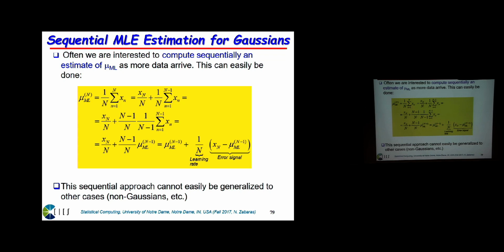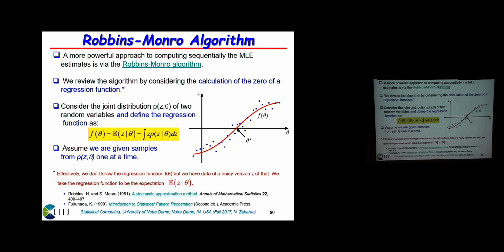Now, this is an exact calculation, but you can do this same calculation using ideas from stochastic optimization, and that's the Robbins-Monro algorithm that I will discuss on Wednesday. It is an algorithm that computes the zero point of a noisy function.